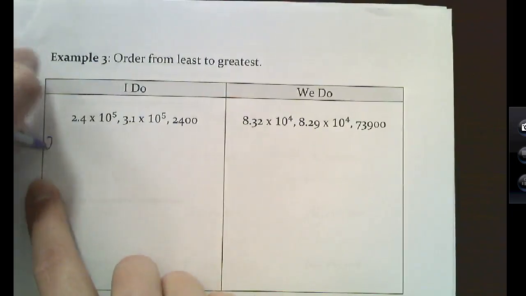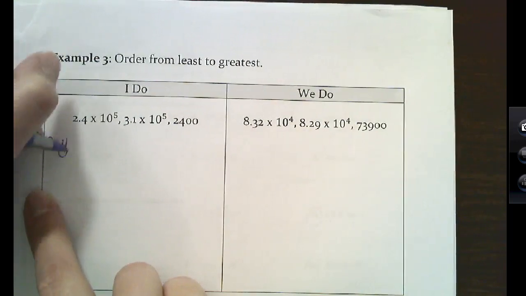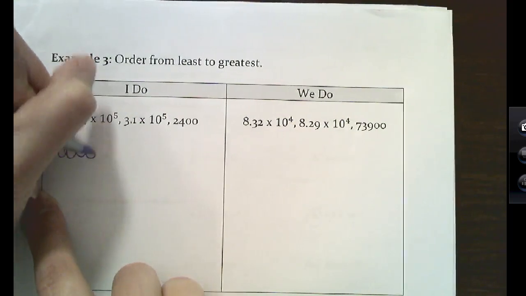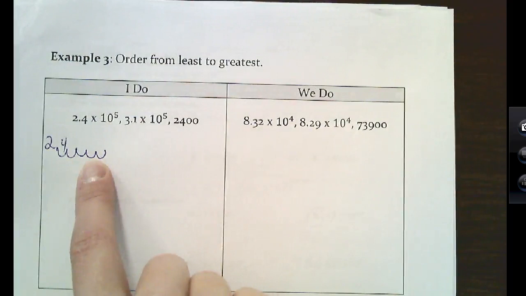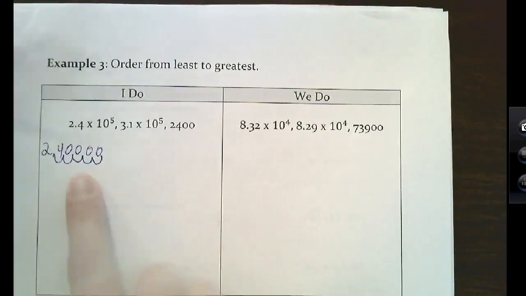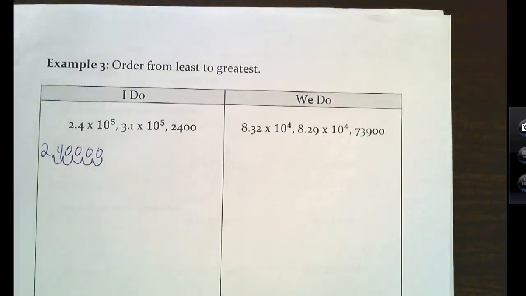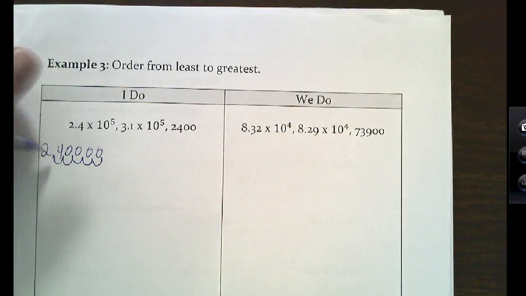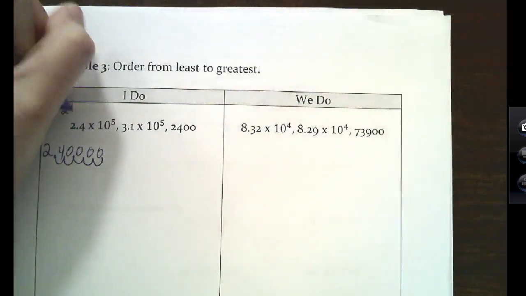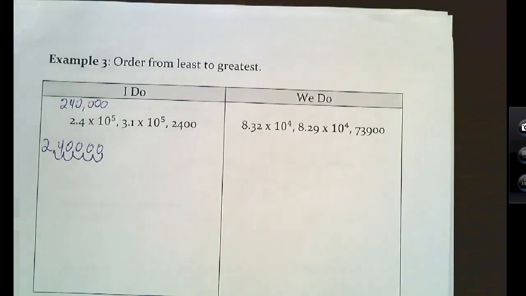So let's take 2.4, and we're going to move our decimal 1, 2, 3, 4, 5 to the right. And that's 1, 2, 3, 4 zeros. So that number just became 240,000. So I'm going to write that right above it. 240,000.